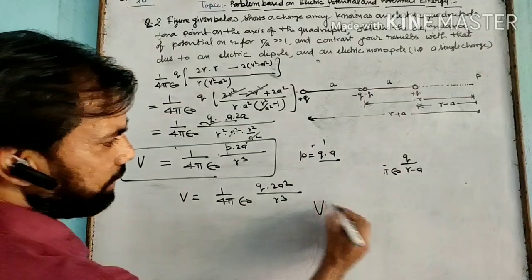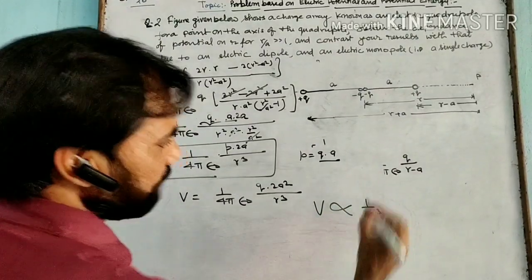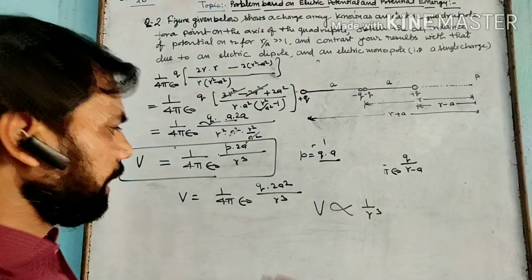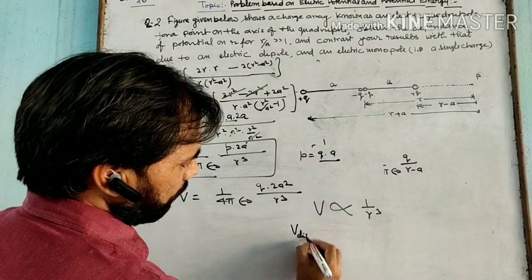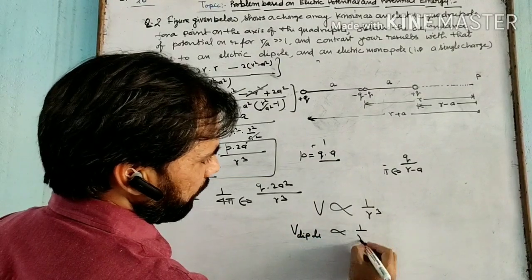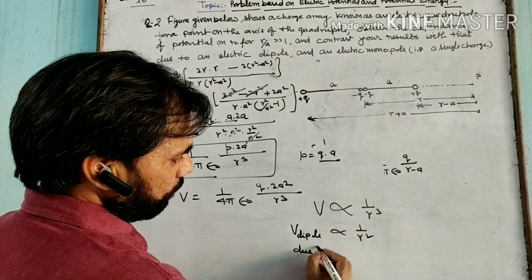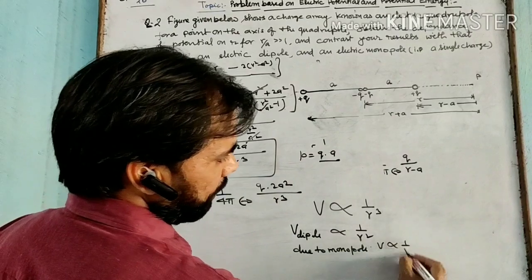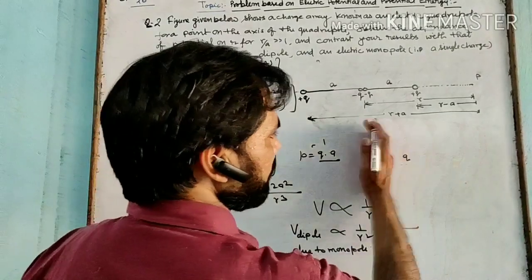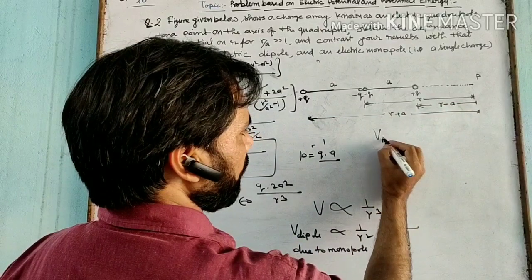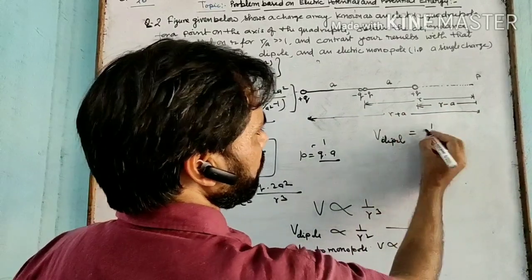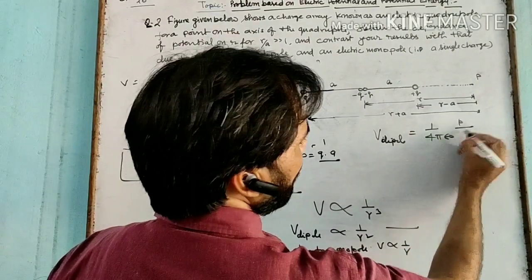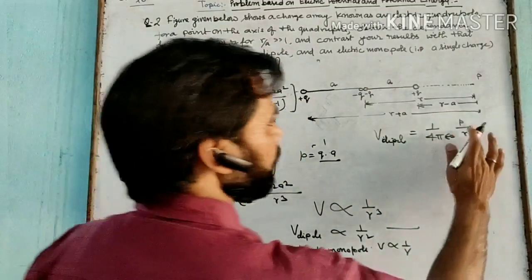Or you can say that electric potential because of quadrupole varies as 1 upon r cube, proportional to 1 upon r cube, and electric potential due to dipole, as you know, is proportional to 1 upon r square, and due to monopole V is proportional to 1 upon r. क्योंकि हम लोगों ने डाइपोल के केस में देखा था कि V ड्यू टू डाइपोल अगर हम लिखेंगे एक्सियल पॉइंट पर तो it turns out to be 1 upon 4 pi epsilon 0 P upon r square.